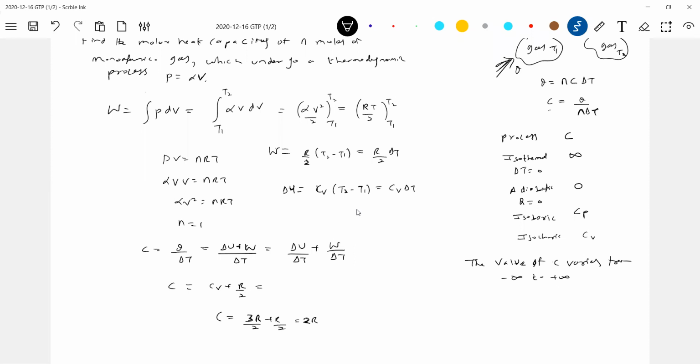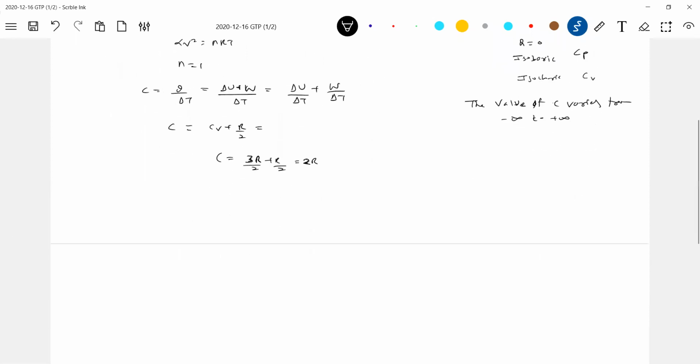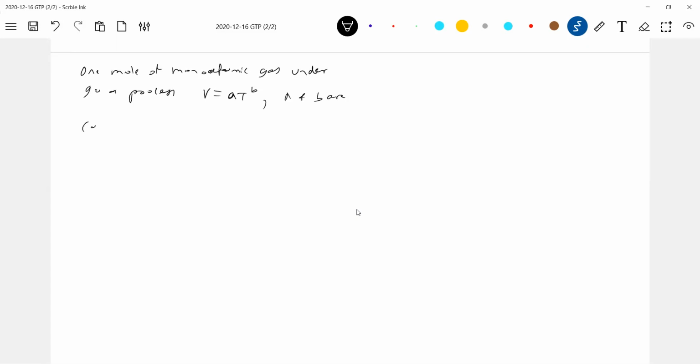Okay, let me give the next question. One mole of monoatomic gas undergoes a process V equal to A T to the power of B, where A and B are constants.